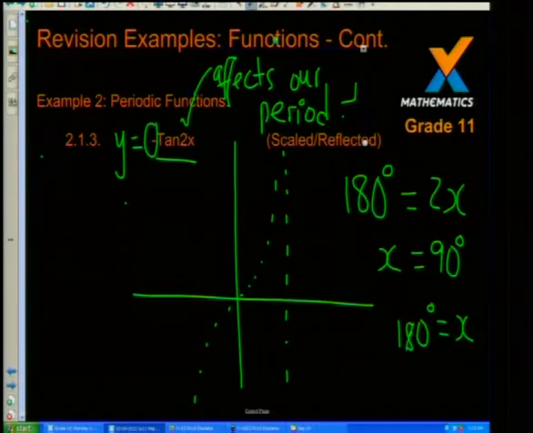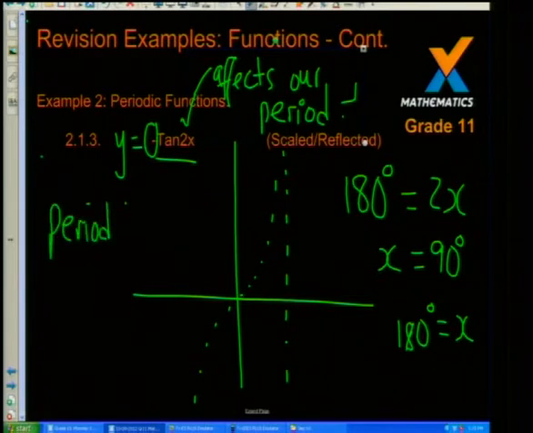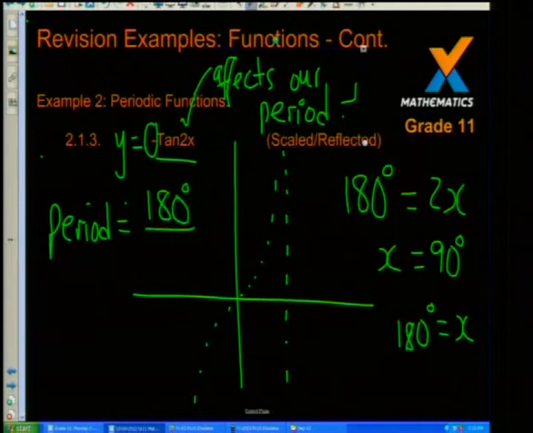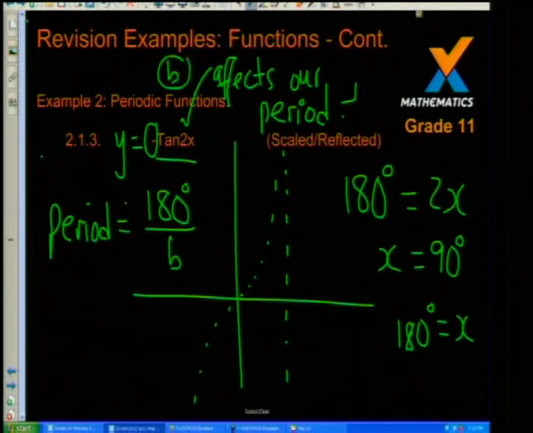Now, in this case, the period will always be the period for the parent function divided by b, b being the coefficient of x. So that would be bx in this case.